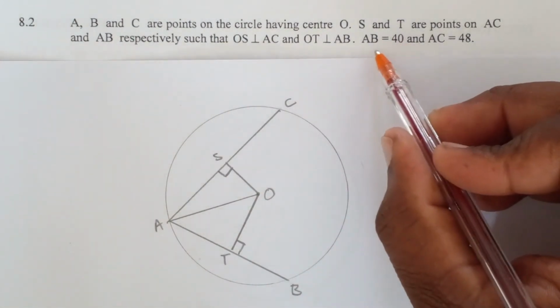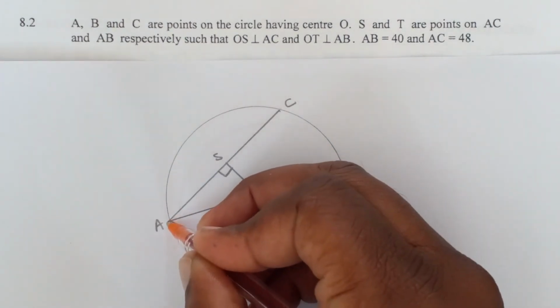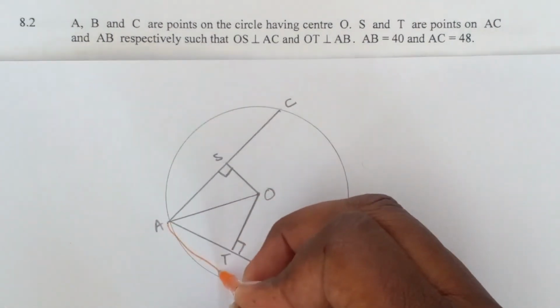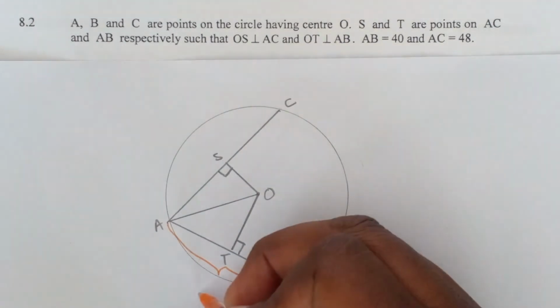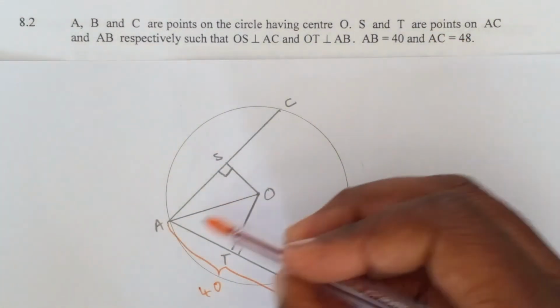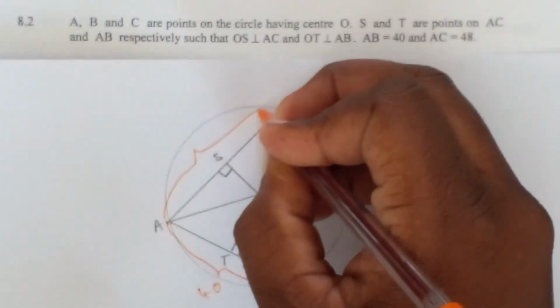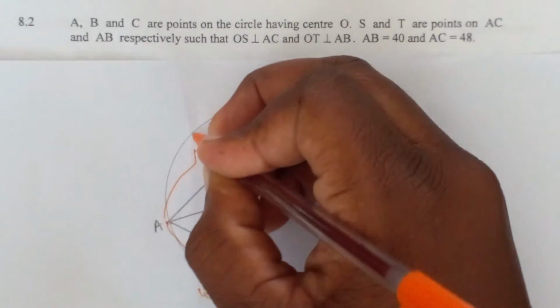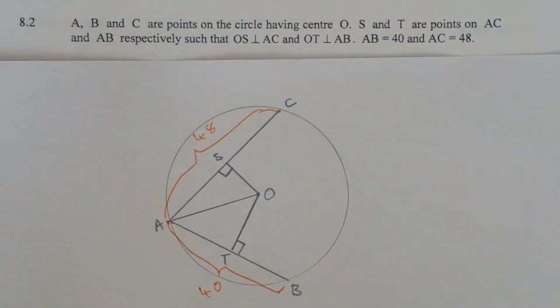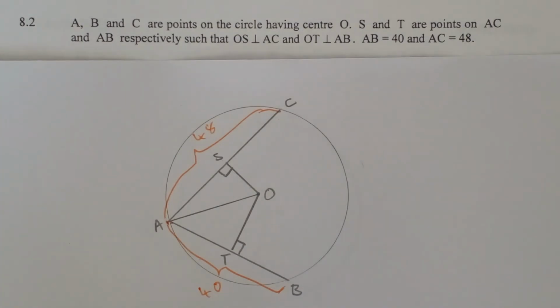We know that the whole distance of AB is 40, and AC is 48, from A to C. That's the information that we've been given. Now we're going to use that information to answer the questions that follow.